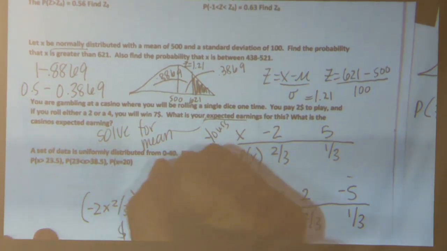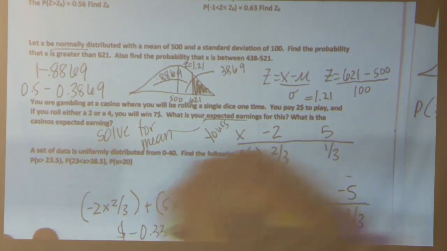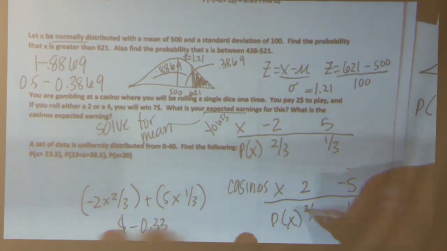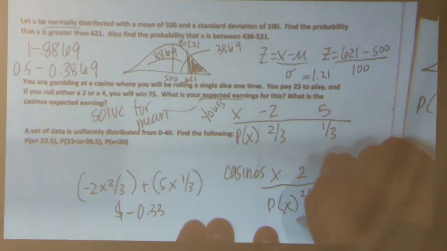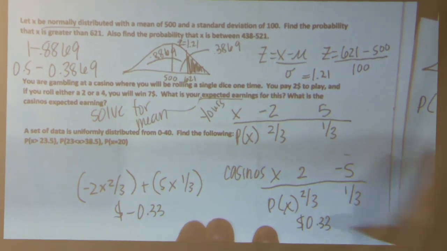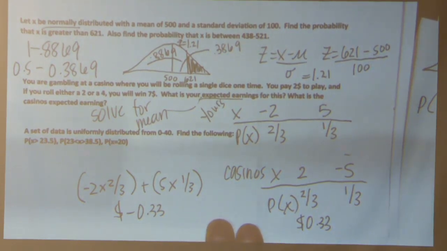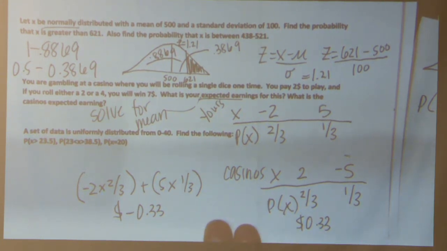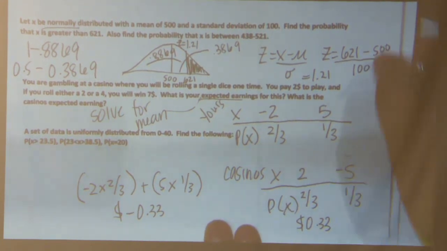Which should give you -33 cents for your expected winnings. And then for the casino, it should give you +33 cents. For the gambling problems, you're expected to lose, so your expected earnings should be negative, unless it's a game where it's not set up at a casino and you have crazy odds of winning.